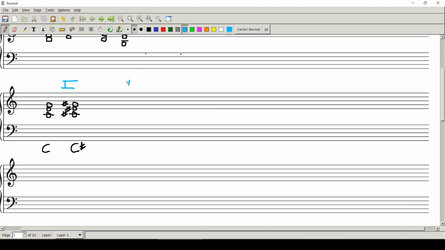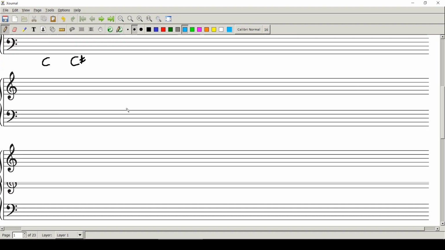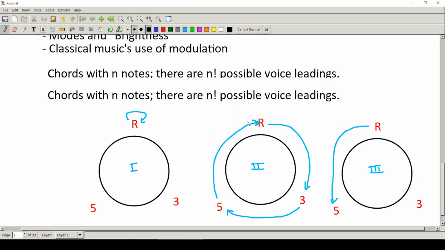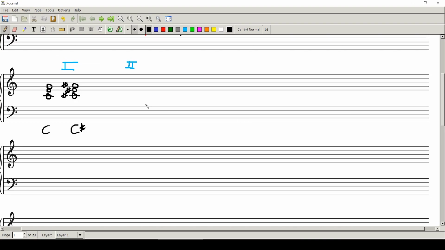Type 2 is a little bit more interesting, where the root becomes the third. So going down here, if the root becomes the third, the third will become the fifth, and then the fifth will become the root. This type of progression is what happened when, for example, we had C major, root, third, and fifth.